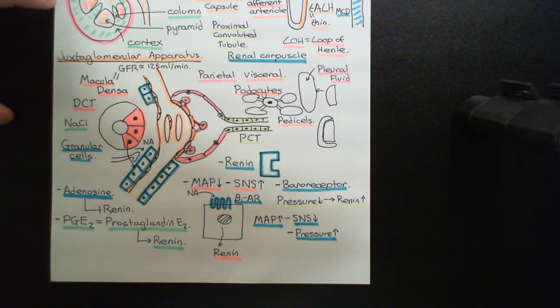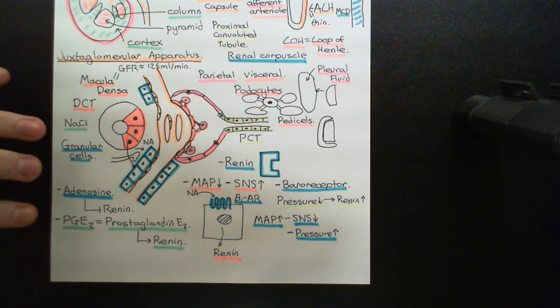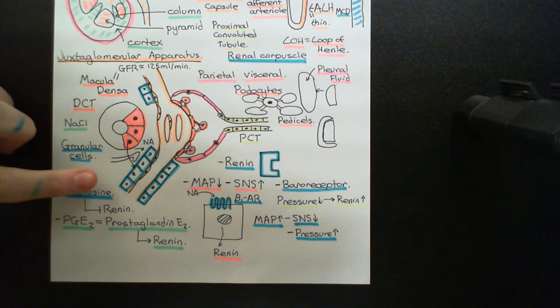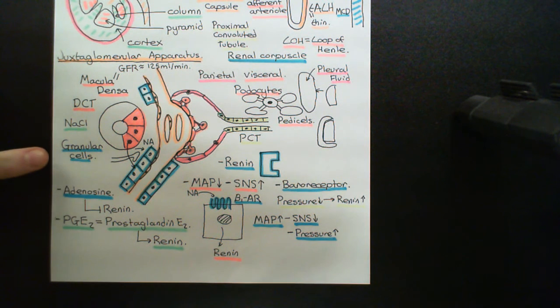And we've talked about the ways in which it's going to help to renormalize blood pressure by altering the constricted state of blood vessels all over the body, and also by altering blood volume. Okay, so far what we have seen is the cells that are actually involved in releasing renin, the first component of the renin-angiotensin-aldosterone system, and these are of course these granular cells here in blue.